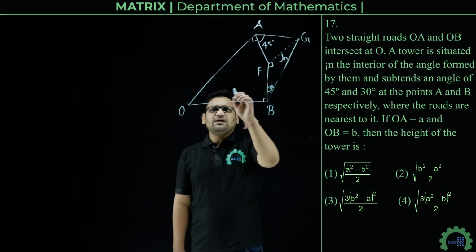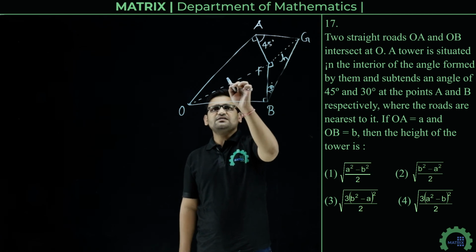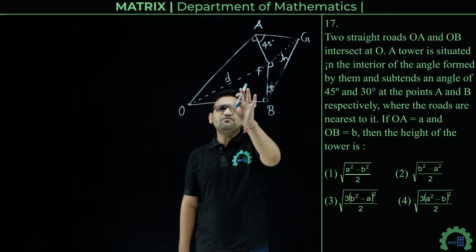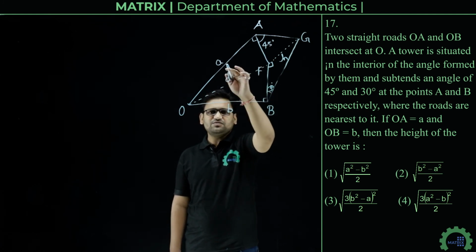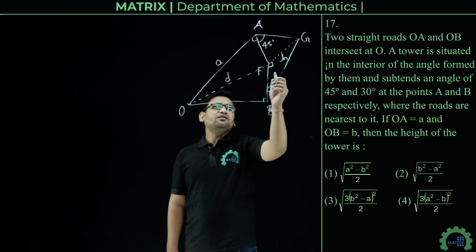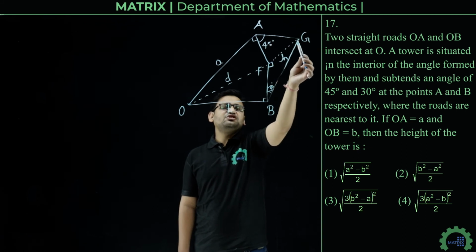So again, let's say this distance OF is small d, and we need to find the value of h in terms of small a and small b, that is length OA is small a and length OB is small b, which is given. So first of all, we can apply trigonometry in triangle AFG.